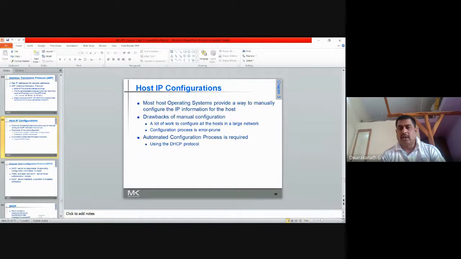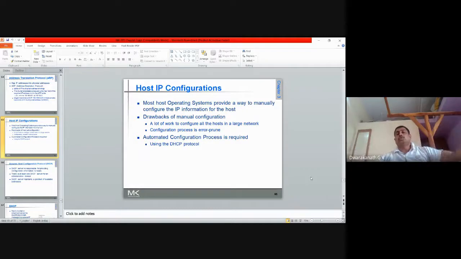You can go there and check the network information, go to the properties of that particular network, and manually set the host IP address and default gateway address also. Drawbacks of manual configuration: a lot of work to configure all the hosts in a large network, and the configuration process is error prone.